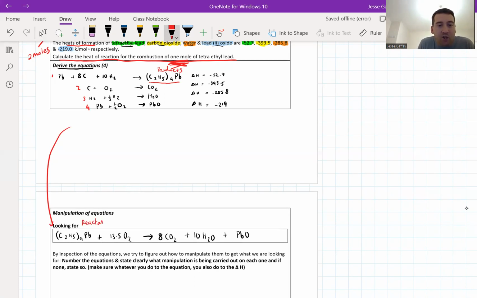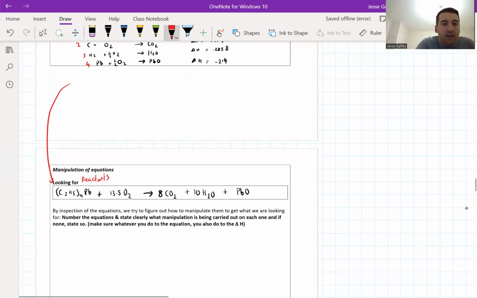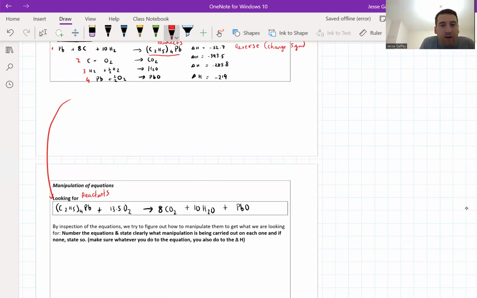So when you want to change from the reactants to the products, what we've got to do is reverse the reaction, and that means you've got to change the sign. Okay, so I'm going to go ahead and reverse that down below now. So I'm going to rewrite this out, but reverse it. So that's (C2H5)4Pb, and then arrow gives you these three things up here: Pb plus 8C plus 10 H2O.